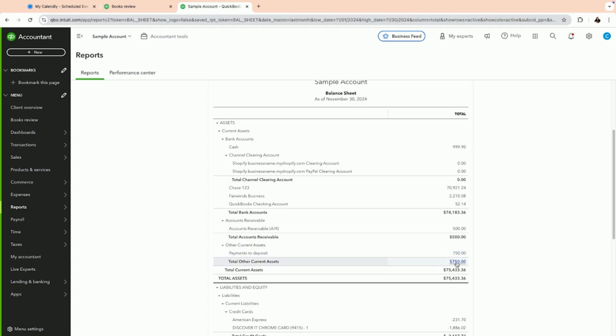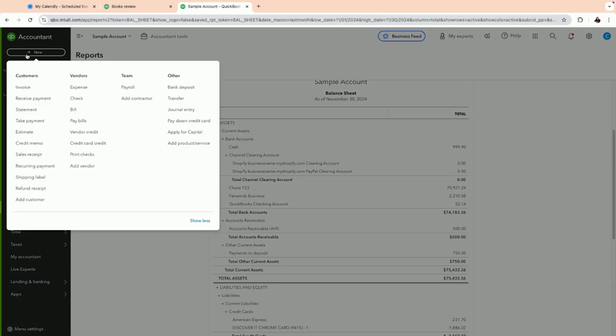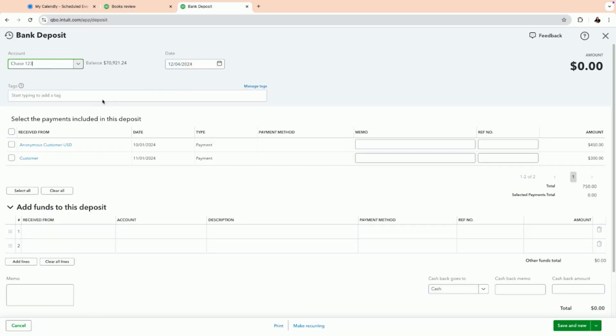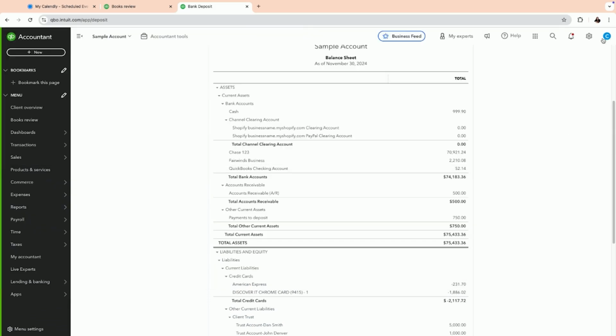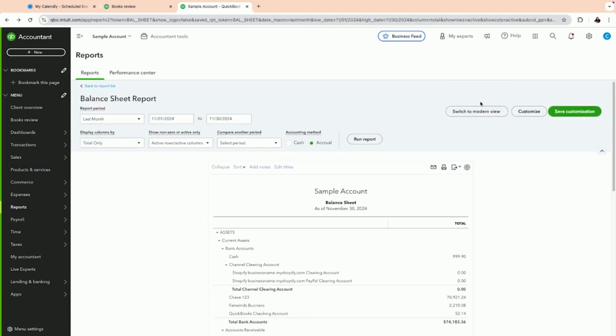If there are a lot of undeposited funds, the way for you to find them is to click plus New, then bank deposit, and all undeposited funds will be sitting over there. Those are transactions waiting for you to record the deposit. Now, if these are for transactions that have already been accounted for, you can fix that. I have a video that I will put a link to down below.